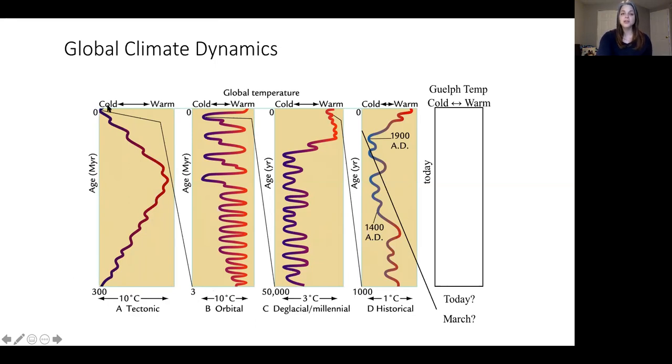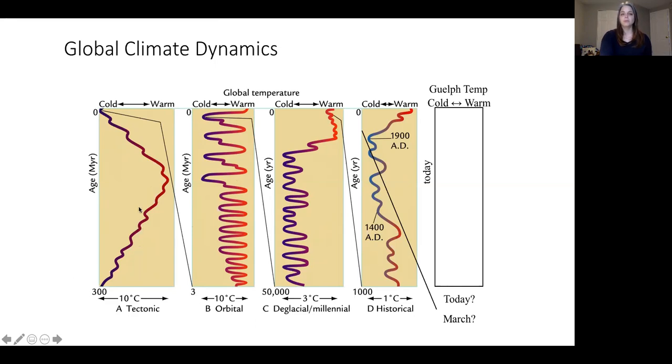If we zoom in on this top part, looking at just the last 3 million years, from 0 to 3 million years, it's as if we zoomed into this one little corner. We can see way more variability in the last 3 million years, but the scale of that variability is not the same as in the last 300 million years.